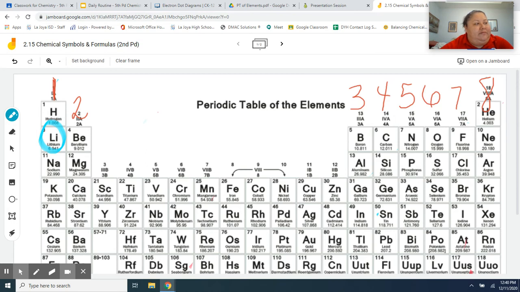Mario. 3. What does it say at the top in red? 1. Okay, how many for this guy? As, arsenic. 5. What about chlorine? 7. What about xenon?